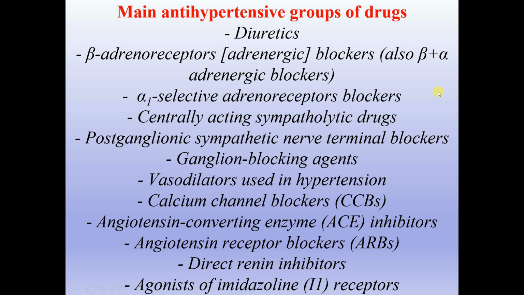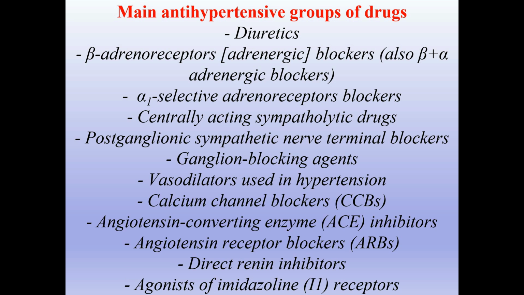Here you can see diuretics, beta-adrenergic receptor blockers, alpha-1 selective adrenergic receptor blockers, centrally acting sympatholytic drugs, postganglionic sympathetic nerve terminal blockers, ganglion blocking agents, vasodilators used in hypertension, calcium channel blockers, angiotensin converting enzyme inhibitors, angiotensin receptor blockers, direct renin inhibitors, and agonists of imidazoline receptors.